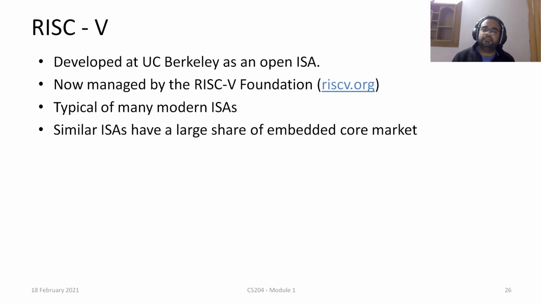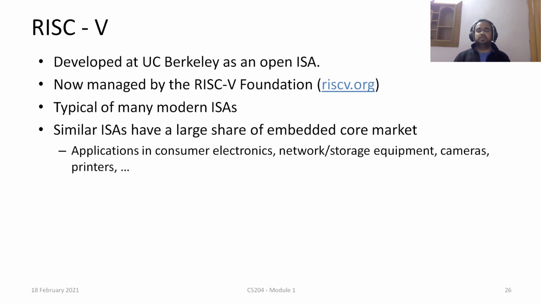And similar to RISC-V, there are many other RISC ISAs which are primarily used in the embedded market. For example, the consumer electronics or network devices or storage.